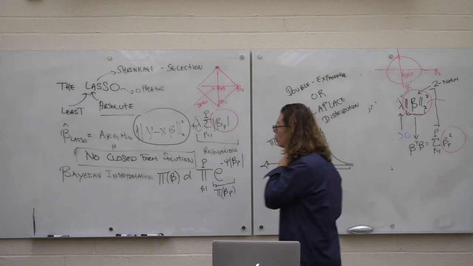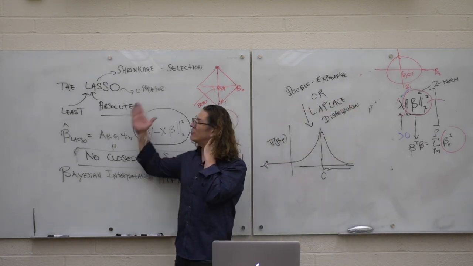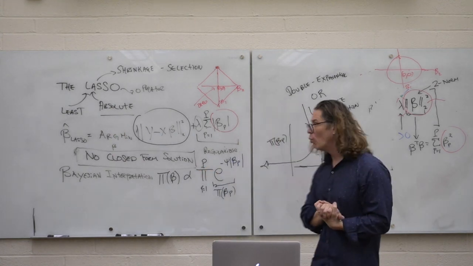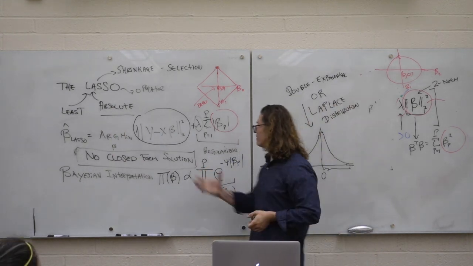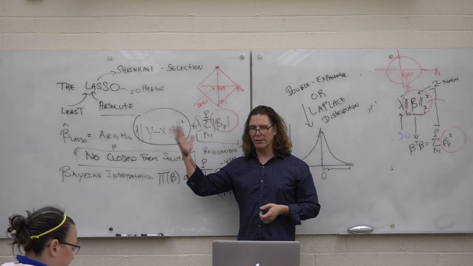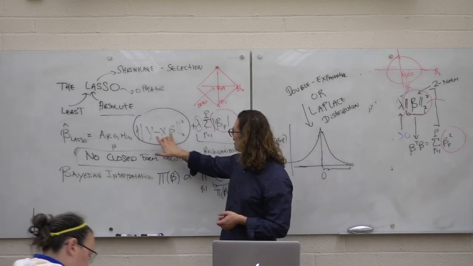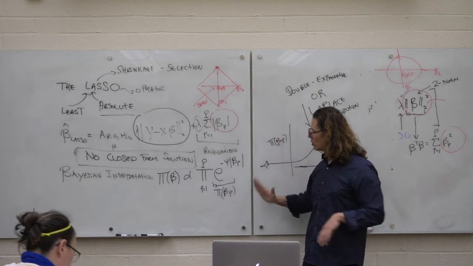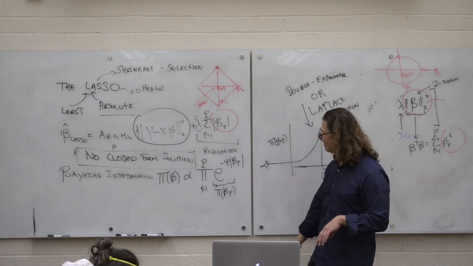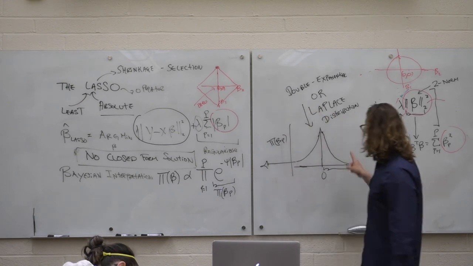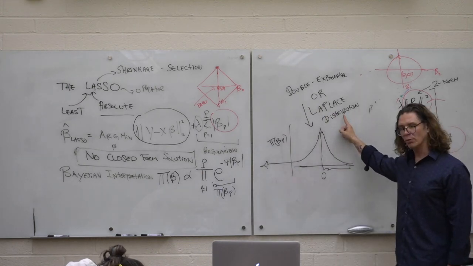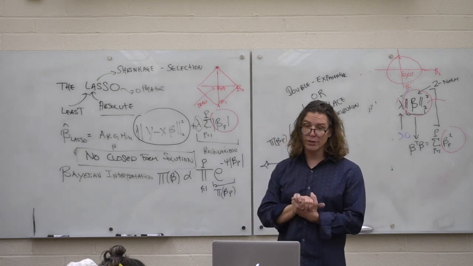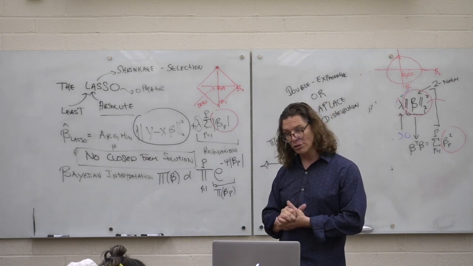But what I want to conclude with is when a Bayesian says they're doing the lasso, or they say I'm doing Bayesian lasso, what they mean is they've got the same likelihood function as before, e to the minus 1/2 this function divided by some variance, and they're multiplying by this prior. So Bayesian lasso means Laplace distribution is your prior. Bayesian ridge means your prior distribution is the normal distribution.